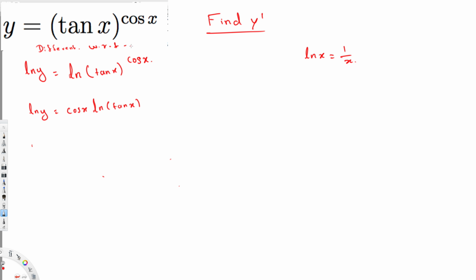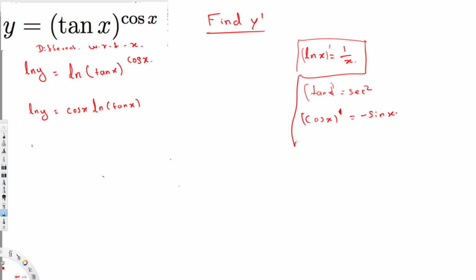We also have to know the derivative of tan x, which is equal to sec square x, and the derivative of cos x, which is equal to minus sin x. So these are the three things we have to remember before we approach this question. That's all we need to know, and let's do this question.